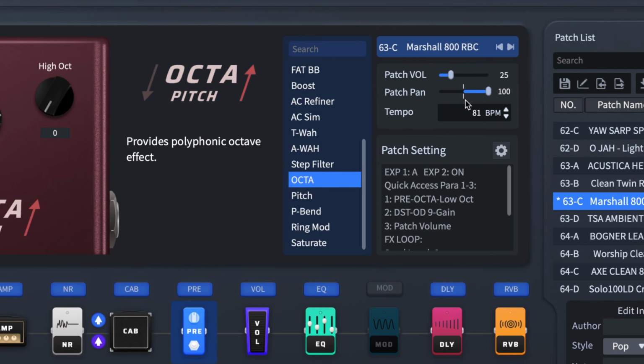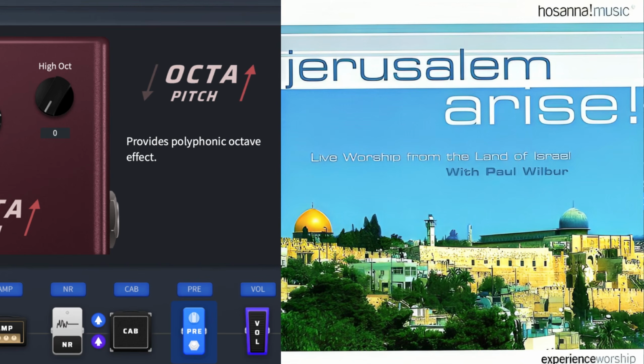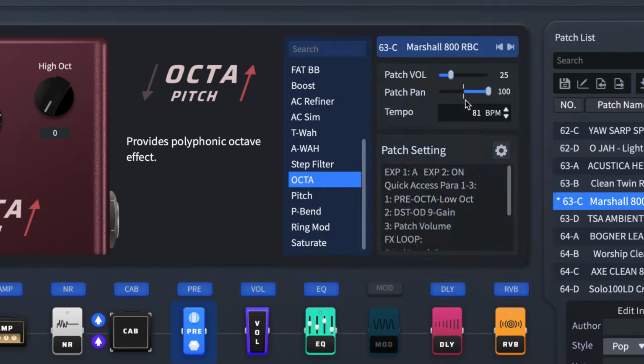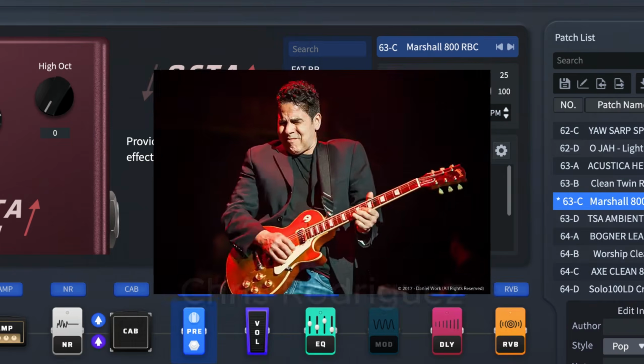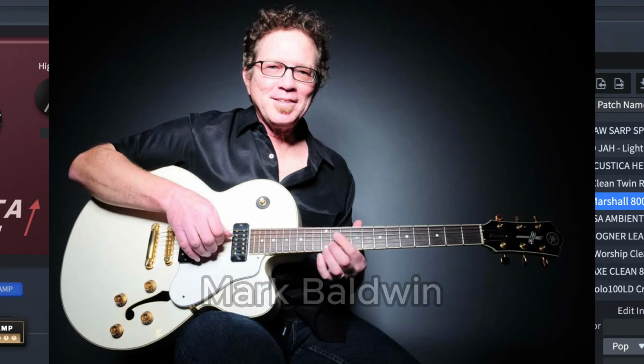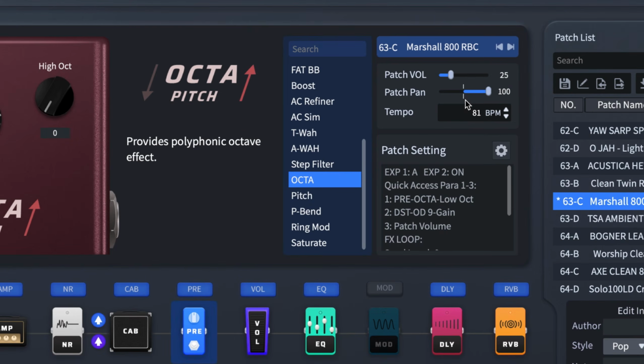If you have come across this particular album by Paul Wilbur, it's called Jerusalem Arise, you realize two guitarists are playing. One is Chris Rodriguez, and the other is Mark Baldwin. I think I've forgotten exactly how it was, I might be exaggerating, but when you listen, you get to know what I mean.